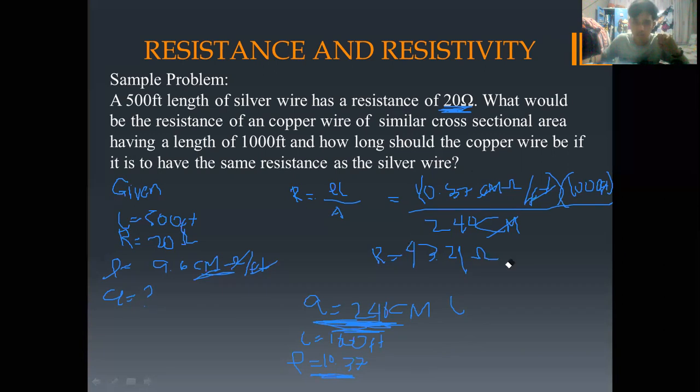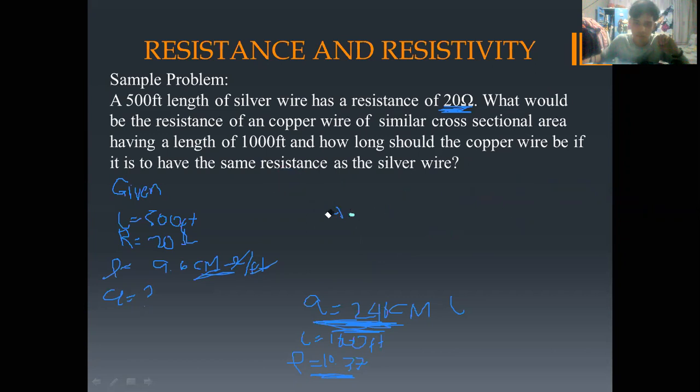So, erase muna ulit natin ito. Coming dito sa formula uli natin, resistance is equal to rho length over area.